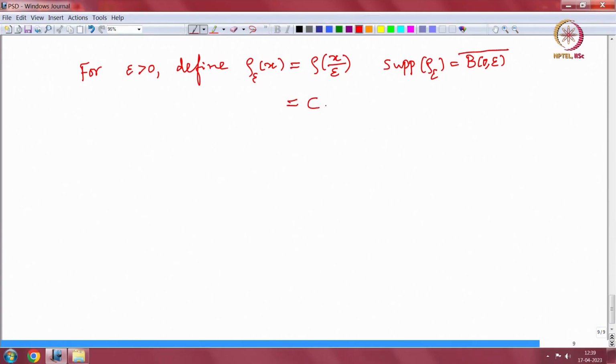Okay. So, if we just write it here, so this is C epsilon. No, I should maybe write it with a constant, because I want this integral to be again 1.